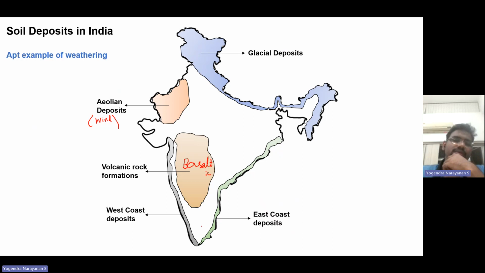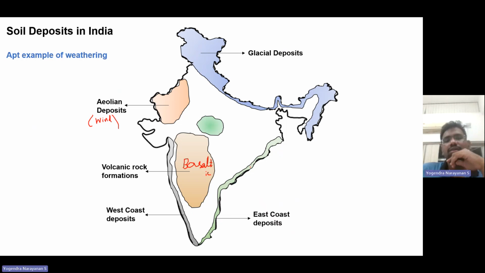And some of these are found also in Karnataka and parts of Tamil Nadu, near Coimbatore, Erode, etc., which essentially are rich in black, commonly known as black cotton soil, which are usually very fertile and used for cotton cultivation, hence commonly referred to as black cotton soil. And eastern deposits are relatively inert but consist of clay minerals which are relatively inactive.